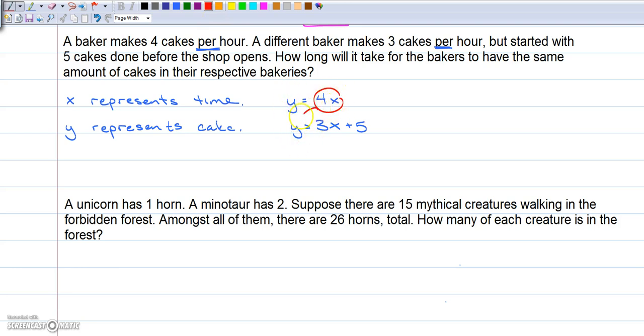You can take this 4x and plug it in. 4x equals 3x plus 5. And then you go and solve. X equals 5. That means after 5 hours, these two bakeries are going to have the same amount of cake.